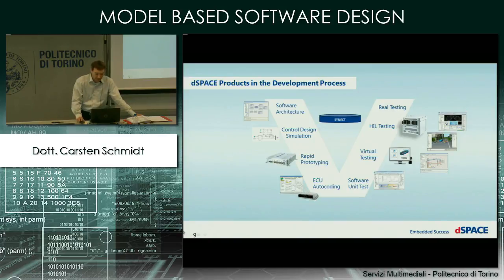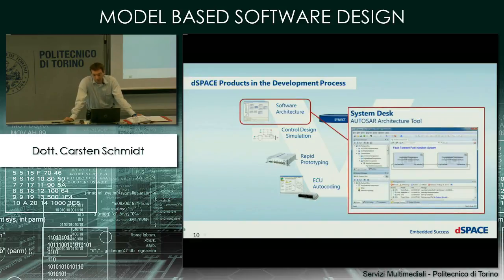So let's start with the top left corner, software architecture. What tool is provided by DSpace to support working with software architecture? The tool is called SystemDesk, and SystemDesk is mainly an AUTOSAR architecture tool, but it's a little bit more than that, compared to other AUTOSAR architecture tools.